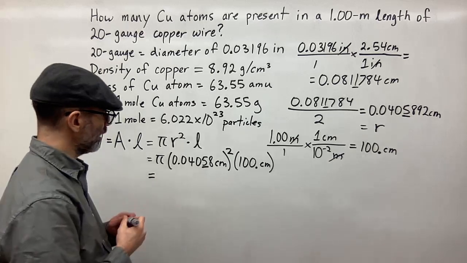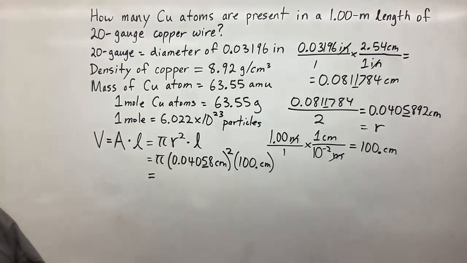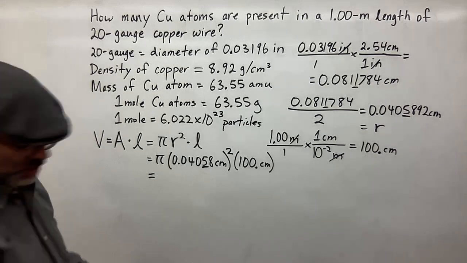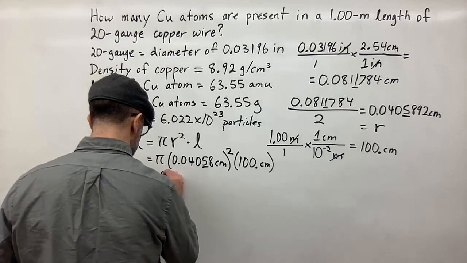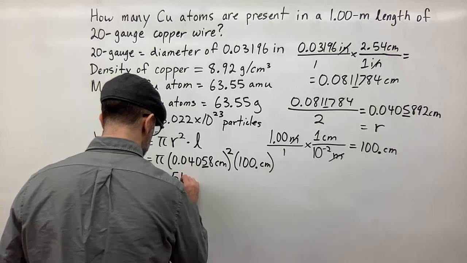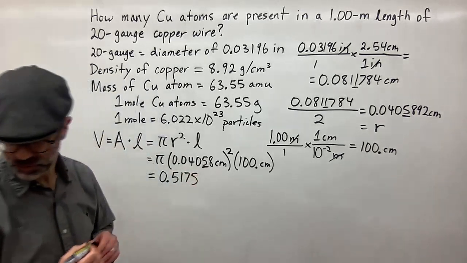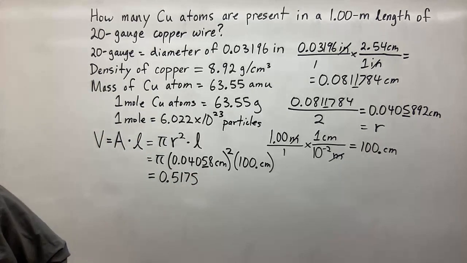And when I calculate that out, I get a volume of 0.5175. I got more digits here.